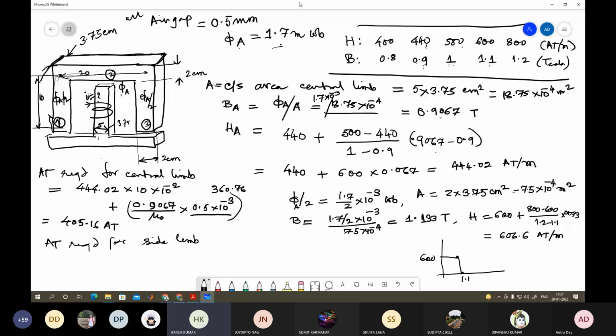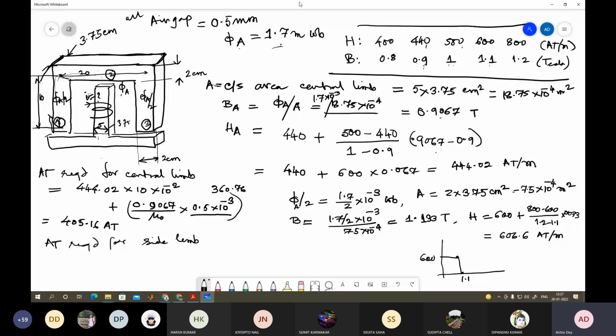Okay. Here, this one is your H. What is your H in the magnetic material? That you get from here, right? From this table. This is the magnetic material table, B-H curve data.